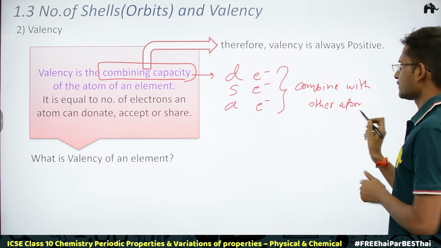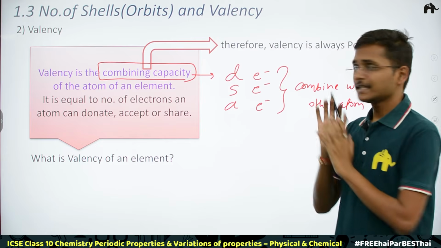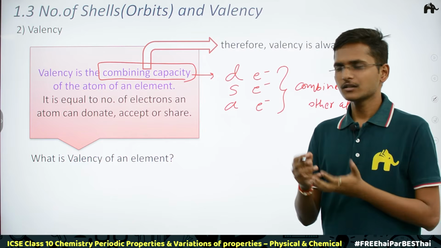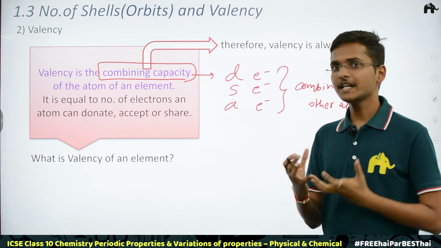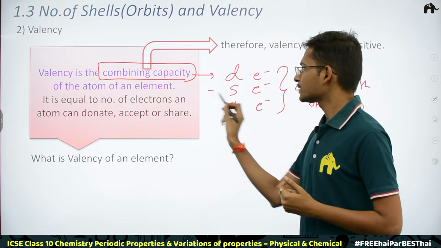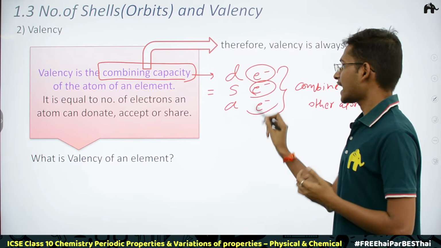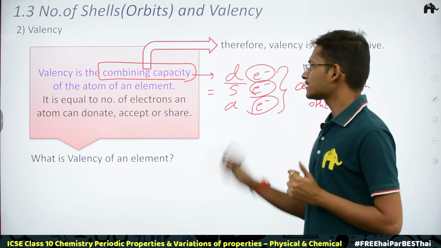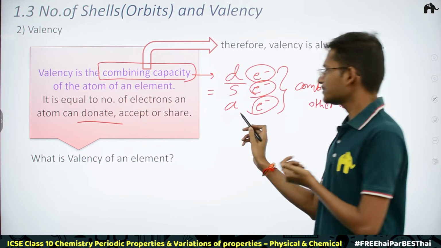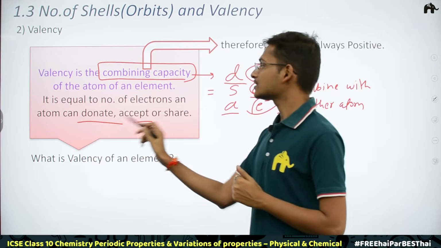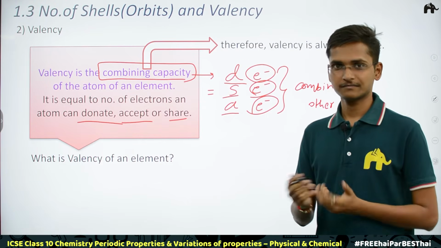Now, by understanding the combining capacity, we can say that valency is quantitatively equal to the number of electrons an atom donates, accepts or shares, right? Yes.